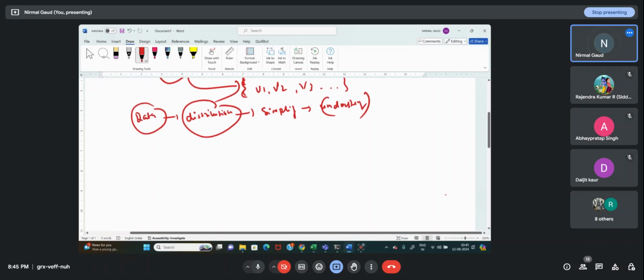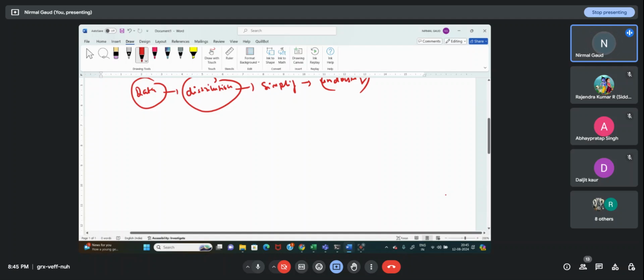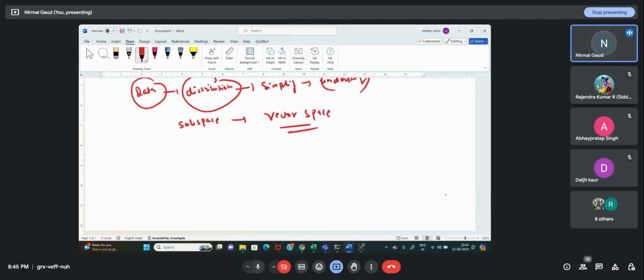So the point is, we have a vector space. A vector space is a huge space. Why? It can be 3D, it can be 2D, it can be 4D. And as many dimensions as you have, as many vectors you are going to make.